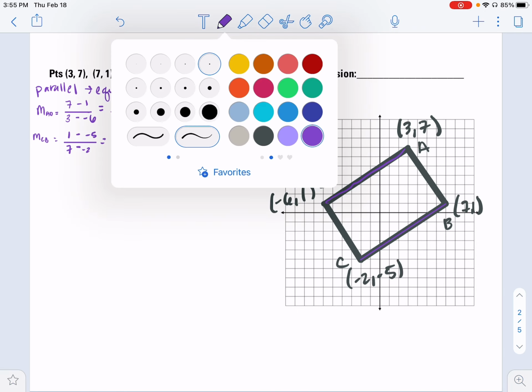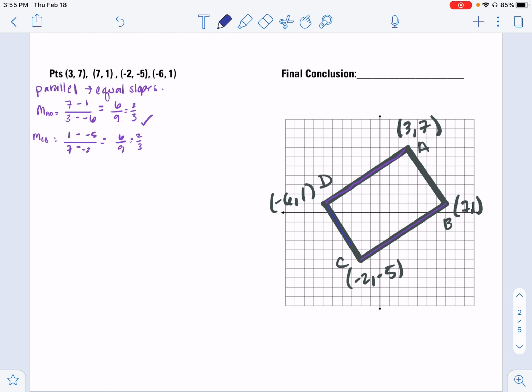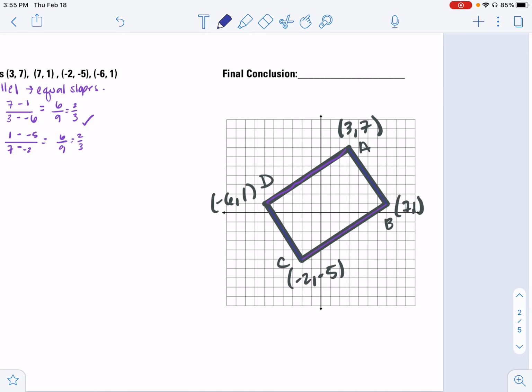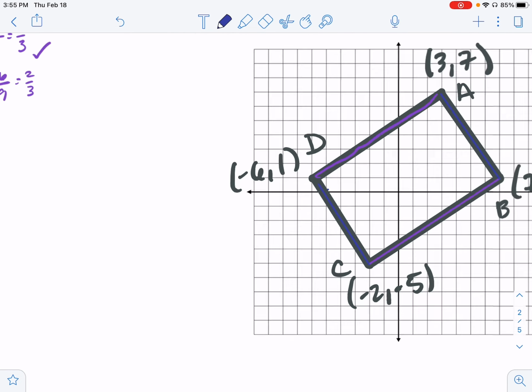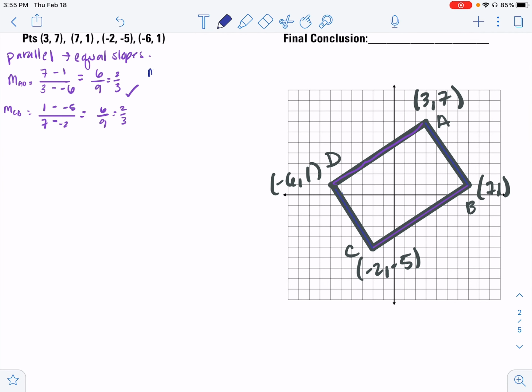So I also have to show that DC and AB are also parallel. That blue did not show up well, but I promise I did put a blue line there. So that's what we're going to try now. So I'm going to find the slope of CD, doing the same thing here. And the slope of AB.